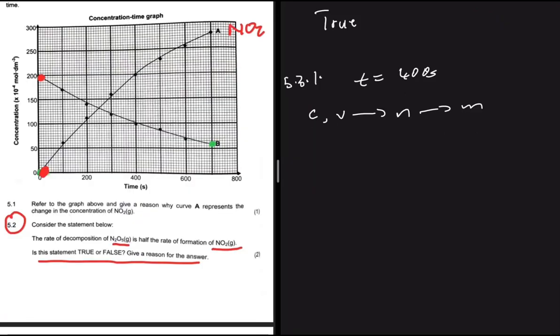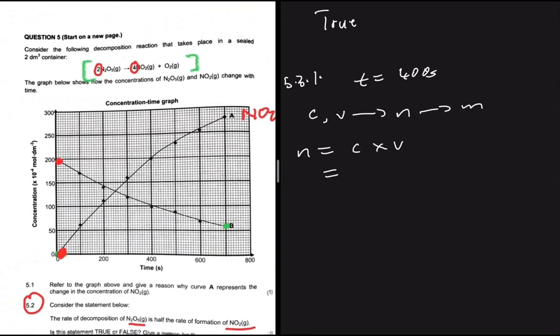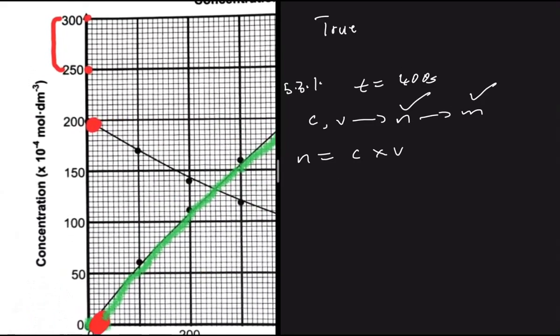We're going to say that the number of moles is equal to the concentration multiplied by the volume. So let's see how much concentration we have at T equals 400. When T is equal to 400, you can see that our concentration is 200, right? We're looking at curve A. Well, not quite. Look at our y-axis.